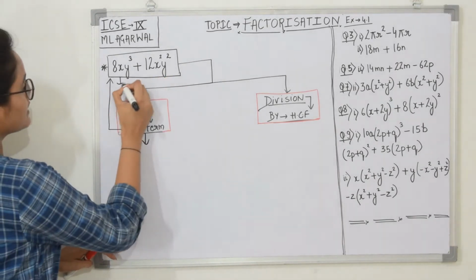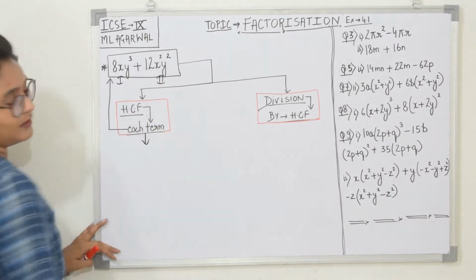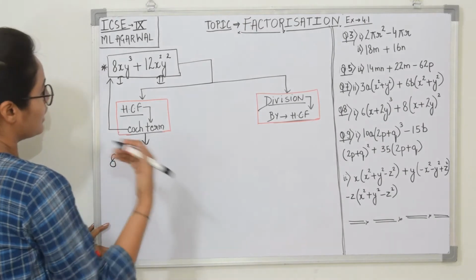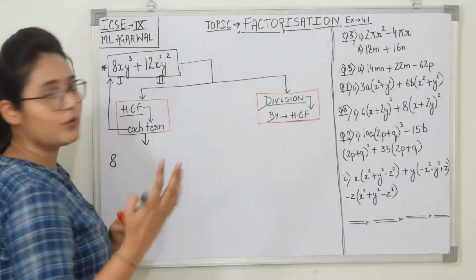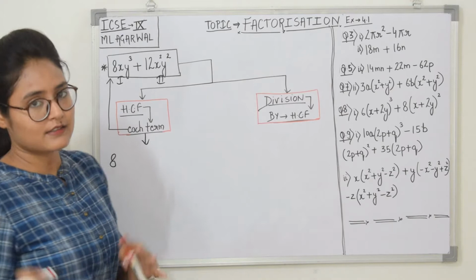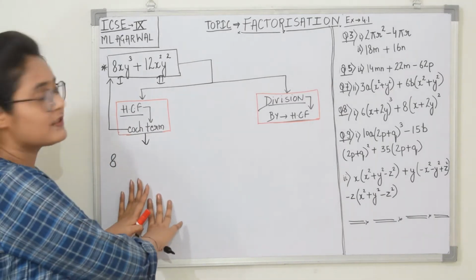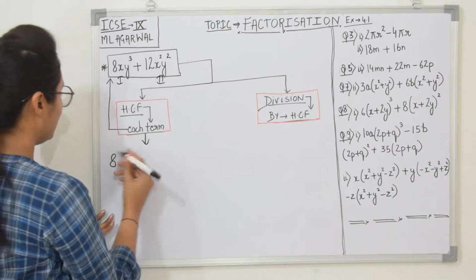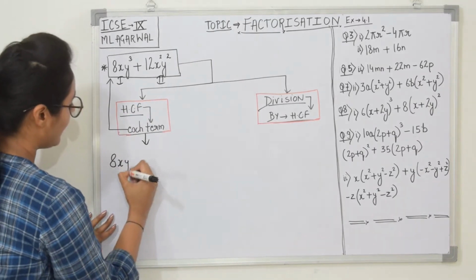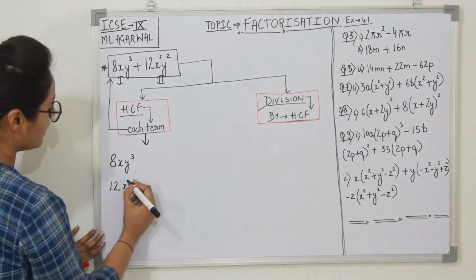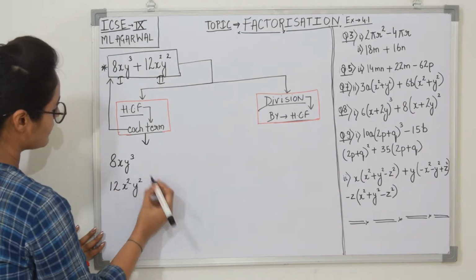This was our first term, this was our second term. Calculating the HCF, I have told you, you can do it separately or in a combined way. This much practice is done so that you can save your time. Now see, 8xy cube and 12x square y square.